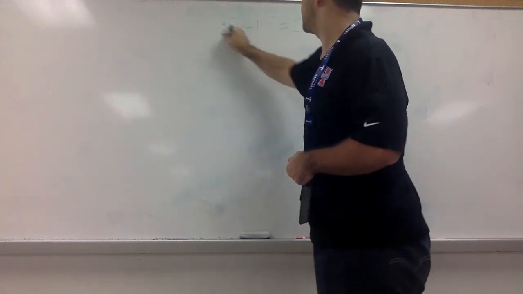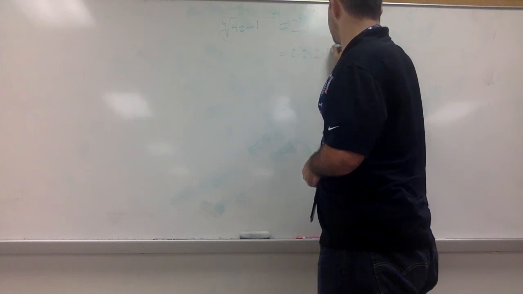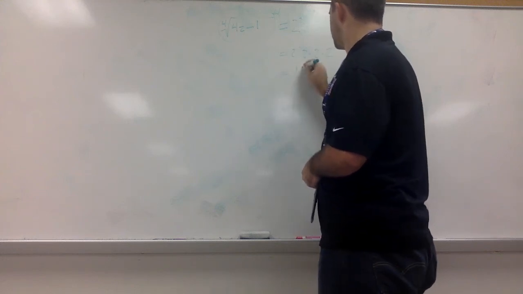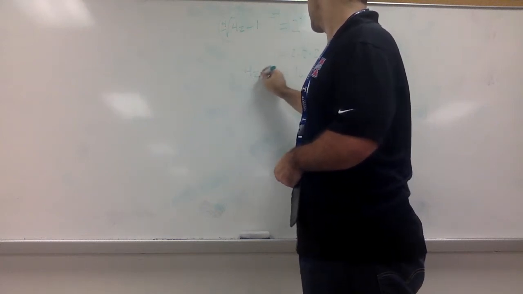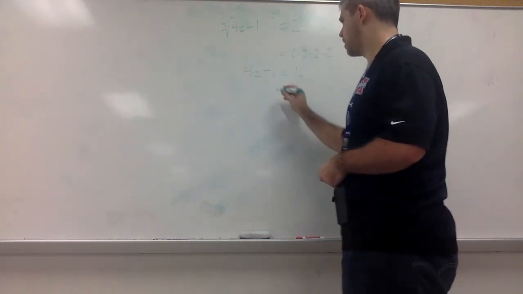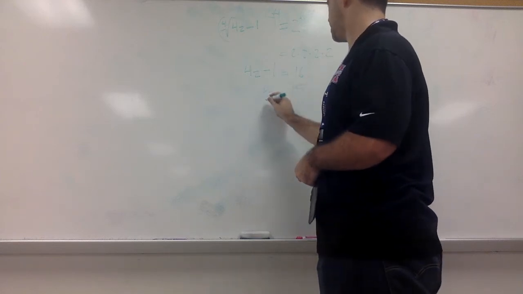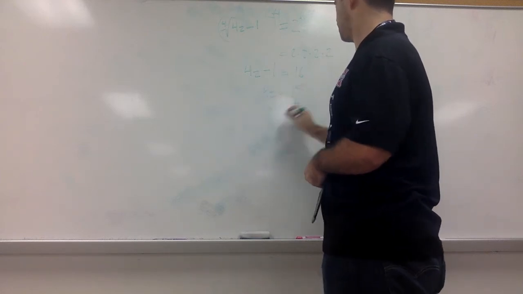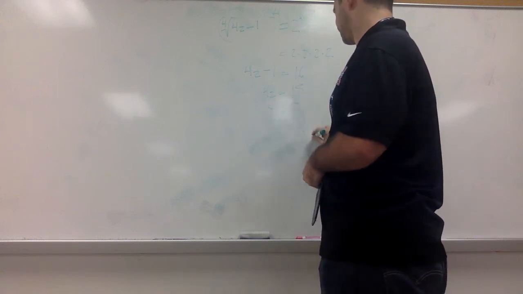So fourth power on this side, fourth power on this side. 2 times 2 times 2 times 2. That is 16. That cube root just falls off. 4z equals 15 divided by 4. z equals 15 over 4.